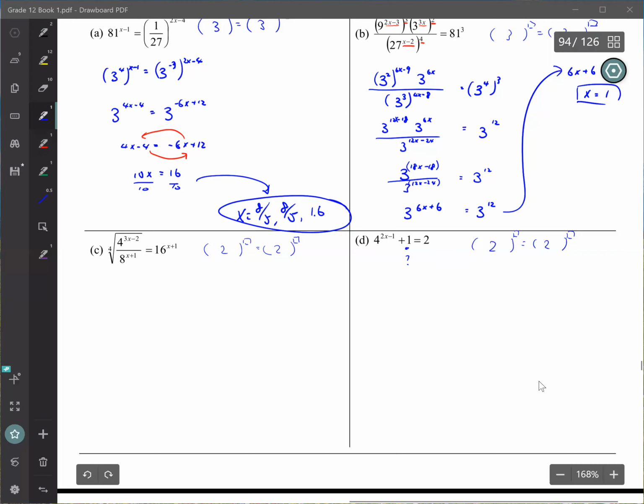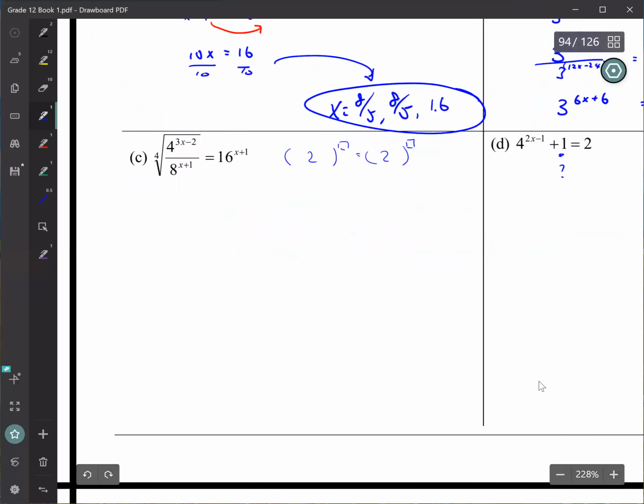To simplify your work a little bit, my suggestion is to simplify the inside first, as far as you can, before you apply the fourth root, with an exponent. That way you can avoid a lot of fractions, because when you add and subtract fractions, it's very easy to make a mistake, okay? Just simplify the inside and then apply the exponent for the root, okay?